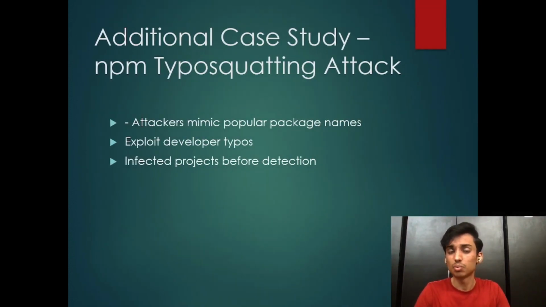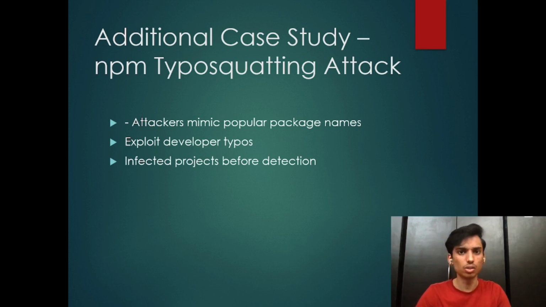Another case study which I brought to you is the npm typosquatting attack. This attack happened in the npm ecosystem. Attackers created malicious packages with names that were almost identical to popular npm modules. They relied on simple typing mistakes.